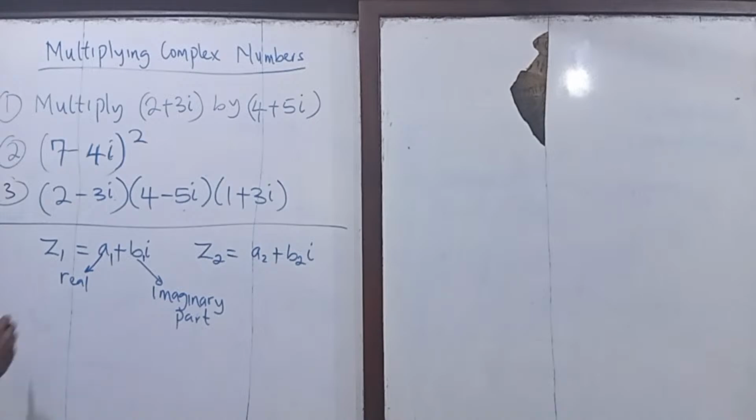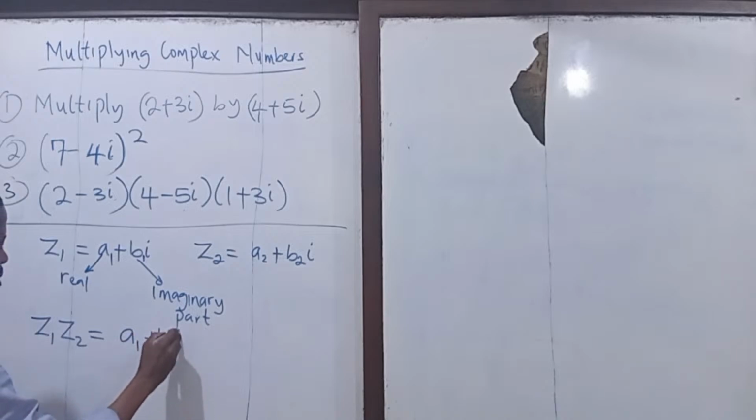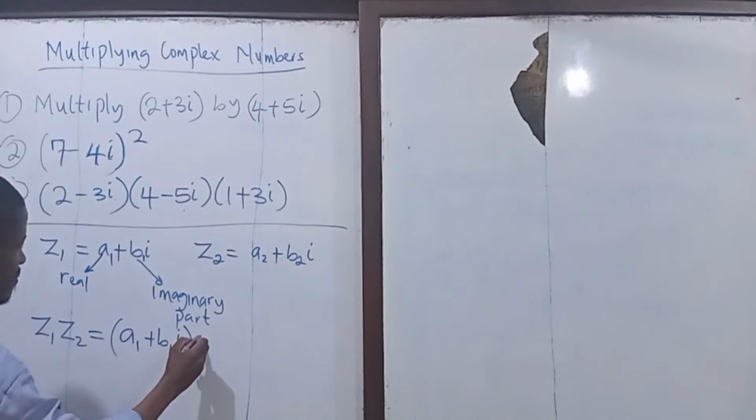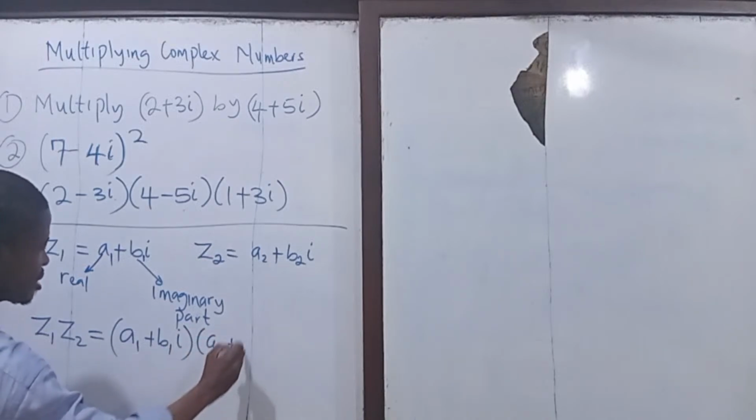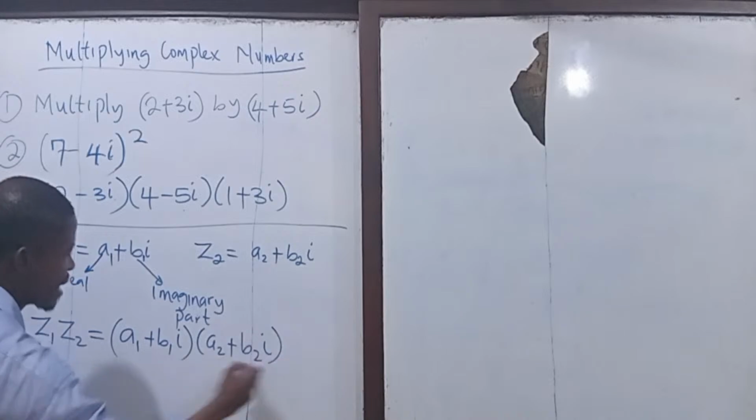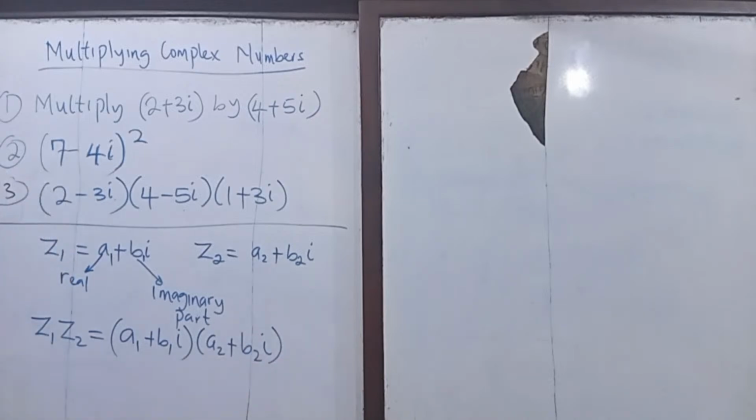So how do you do that? That will be Z1 times Z2, and that will be equal to what? Let's put them together: a1 plus b1i times a2 plus b2i. What we are doing is very simple, just normal expansion.